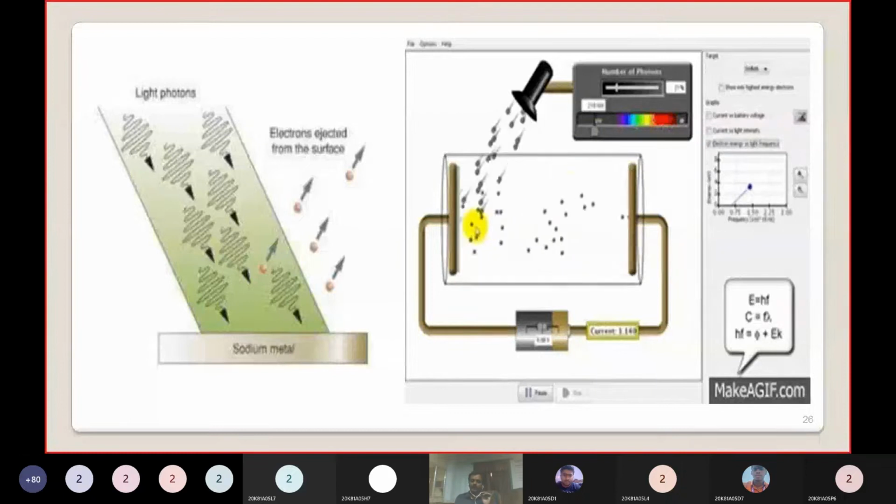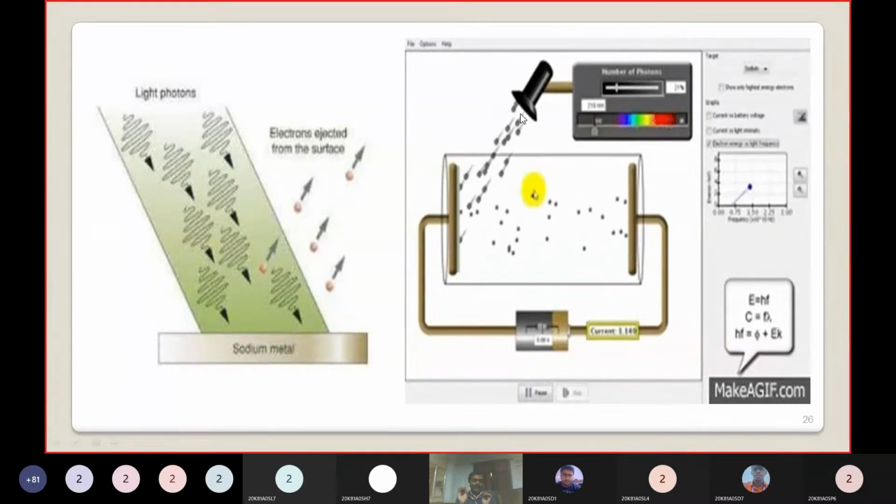Here, light is incident on the metal plate, and we will consider the light as a particle.